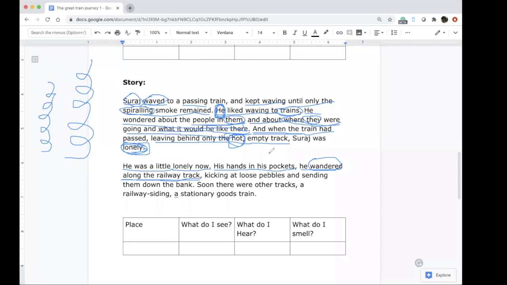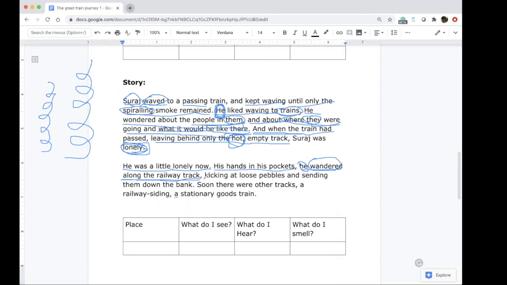Gokul? Sir, yes. Wandered means following the tracks of rail, no? Yes, very good answer. Wandered means going or walking along. So he refers to Suraj. So Suraj is walking along the railway track, kicking at the loose pebbles and sending them down the bank.